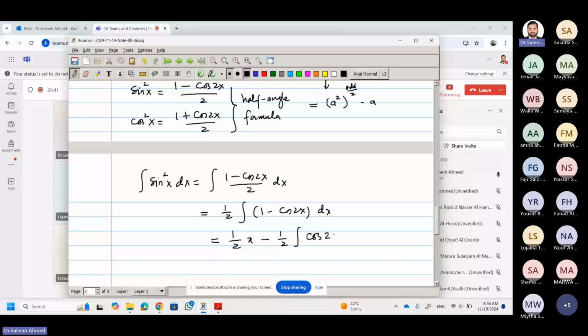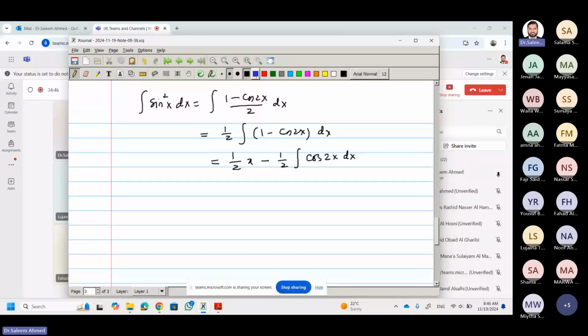So here I can use the substitution: I call u as 2x. du will become 2 dx, so 2 can come down and dx becomes du by 2. This becomes cosine u into du by 2.